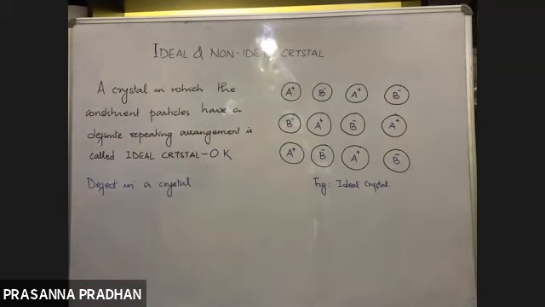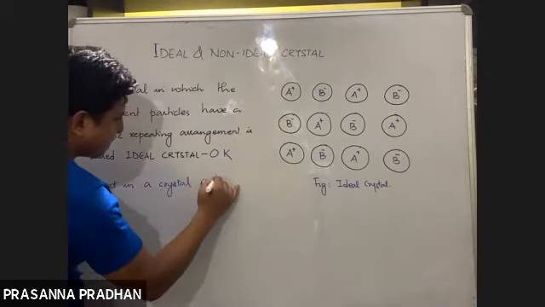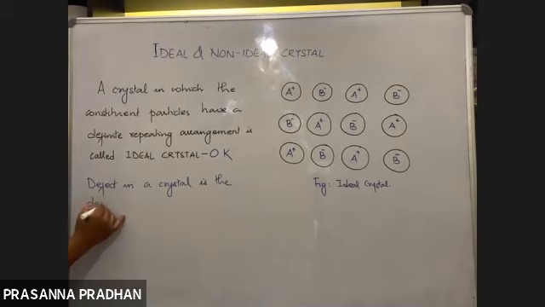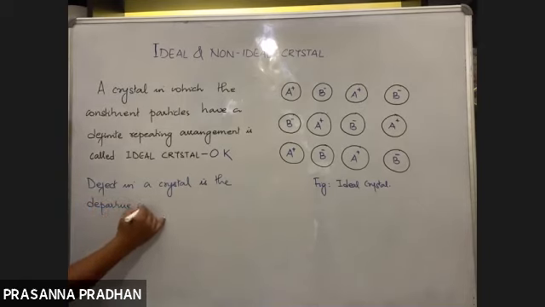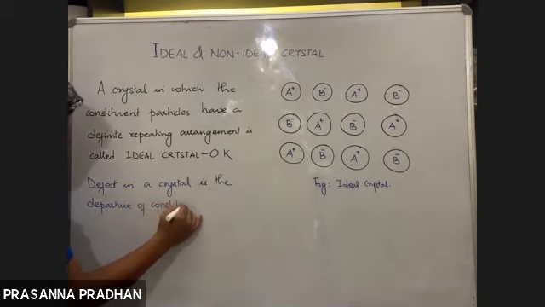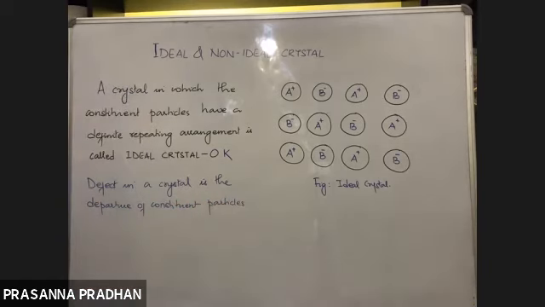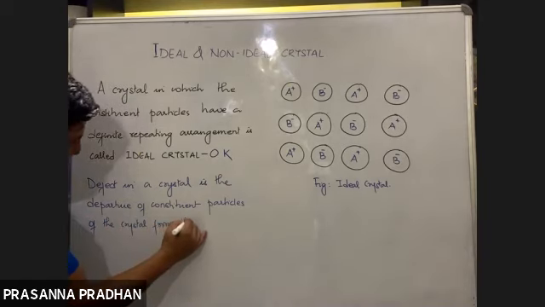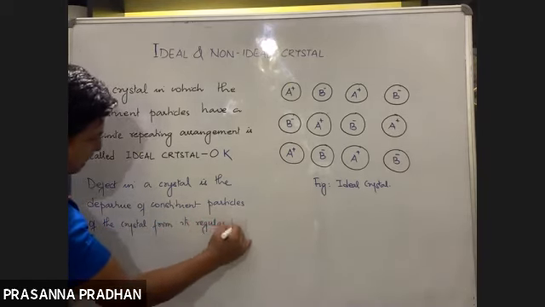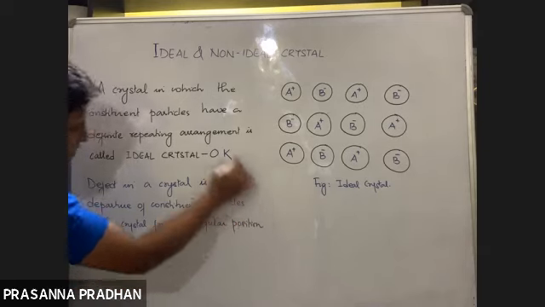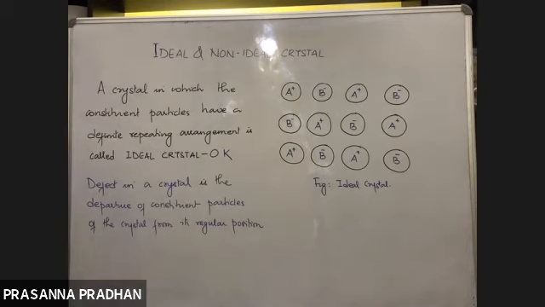So defect in a crystal is the departure of the constituent particles of the crystal from its regular position in the lattice.